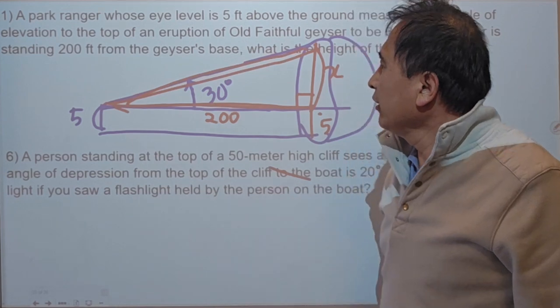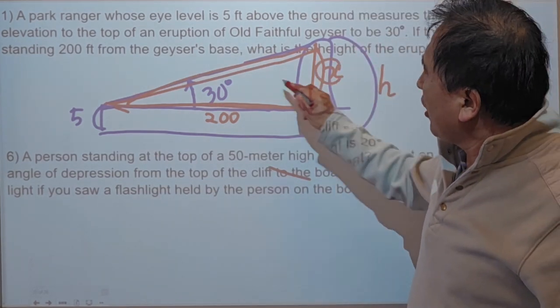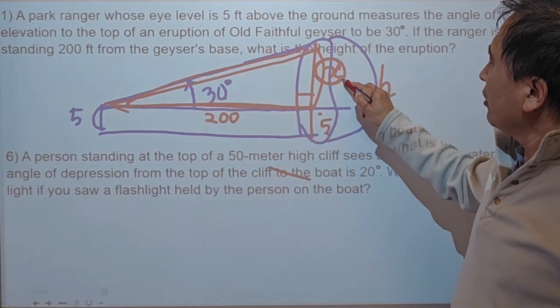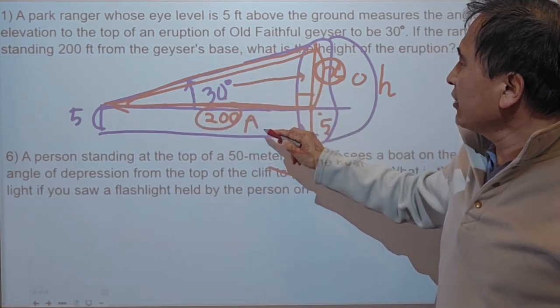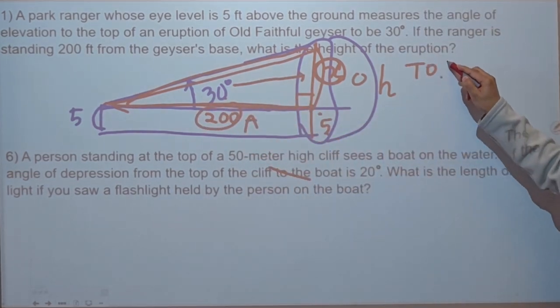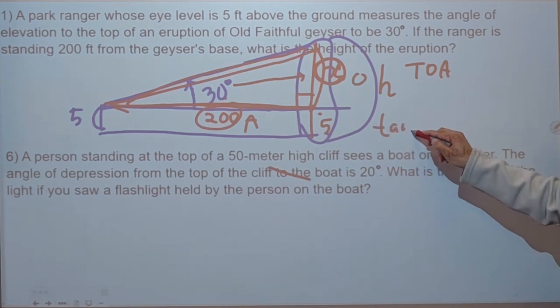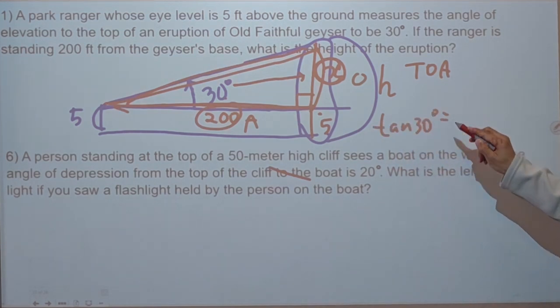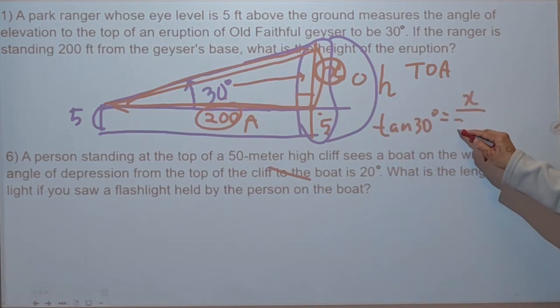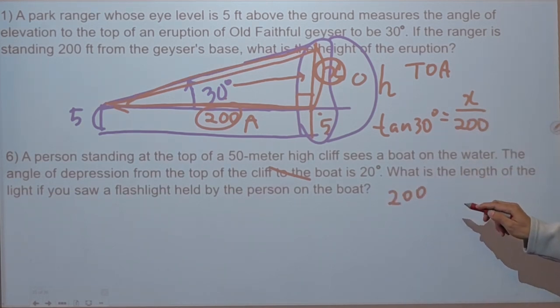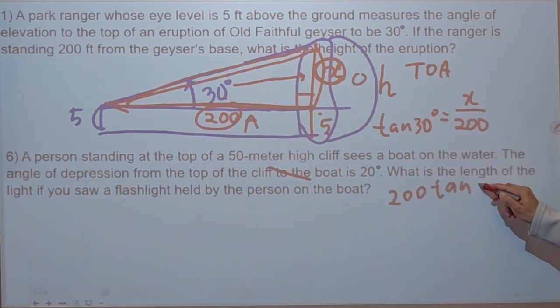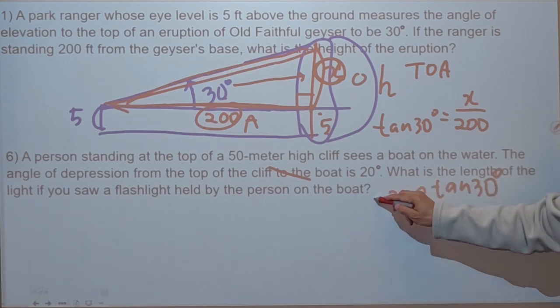So that's 200. And from this angle of 30 degrees, x is the opposite side, and this is the adjacent. That's TOA, right? So that means tangent. Tangent 30 degrees equals x over 200. So x equals 200 tangent 30 degrees.